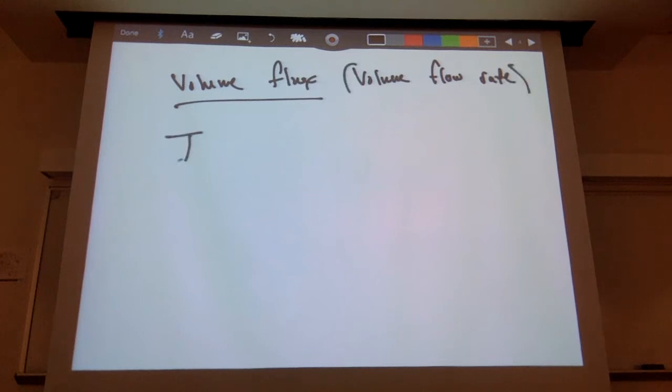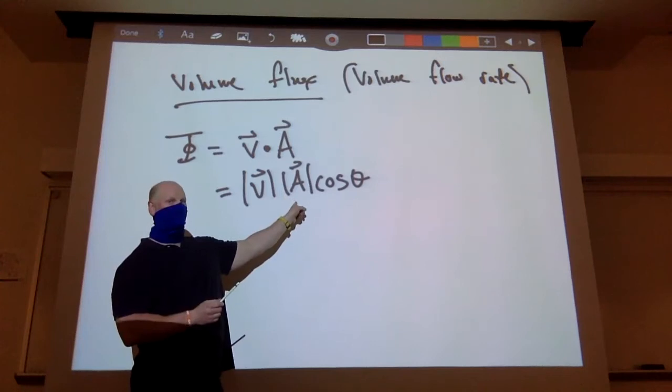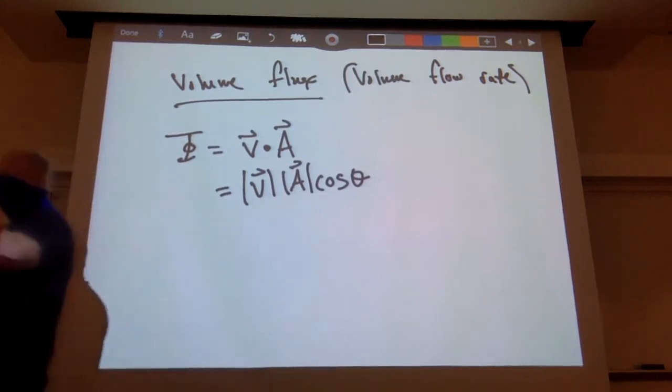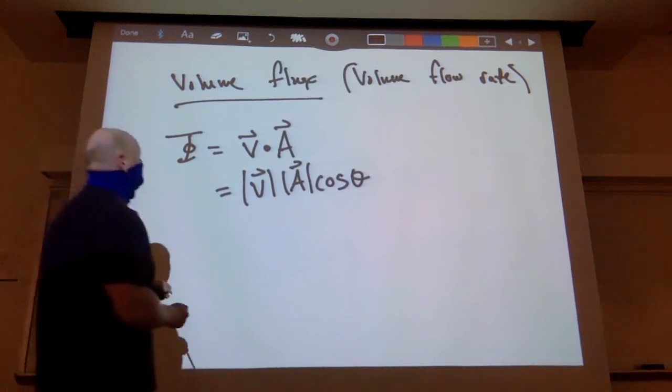We can say that the volume flux is equal to the velocity vector dotted with the area vector, which is equal to the magnitude of the velocity vector times the magnitude of the area times cosine of the angle between the two, where this area is specifically the area perpendicular to the face, whose magnitude is equal to the area of that surface. So this is what we call volume flux.